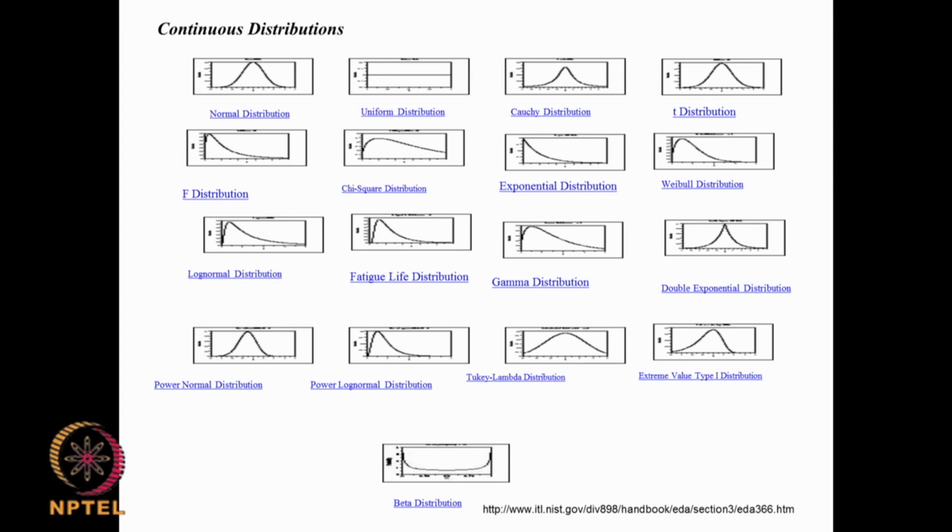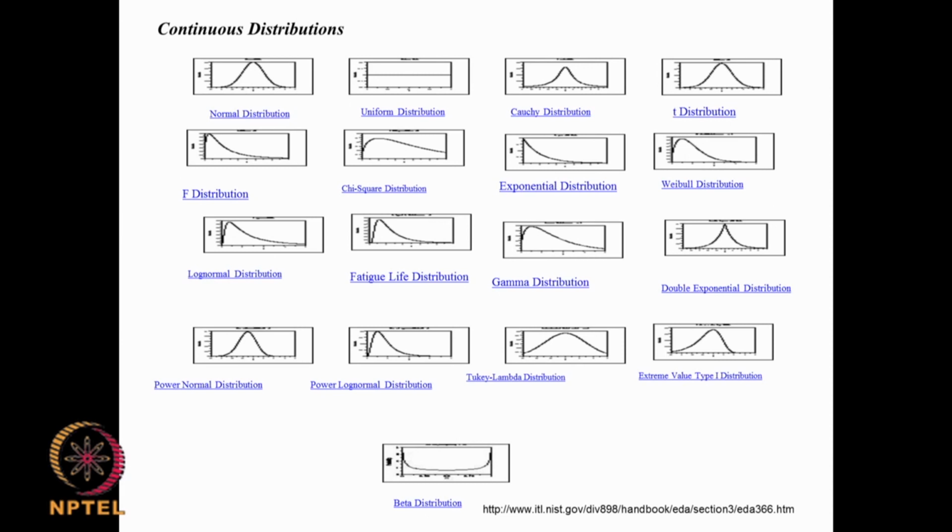They are used in different scenarios, different requirements, different problems, but I will be spending time on normal, T distribution, chi-square distribution, F distribution, variable distribution. All these distributions are very useful actually.